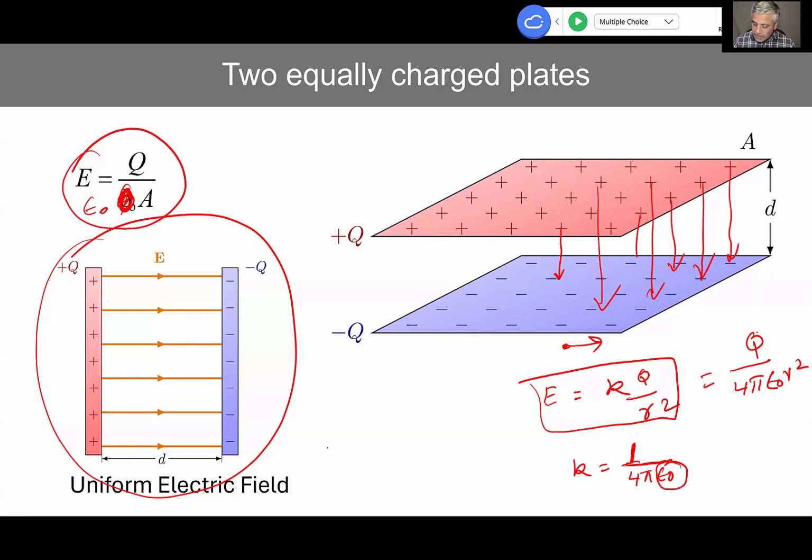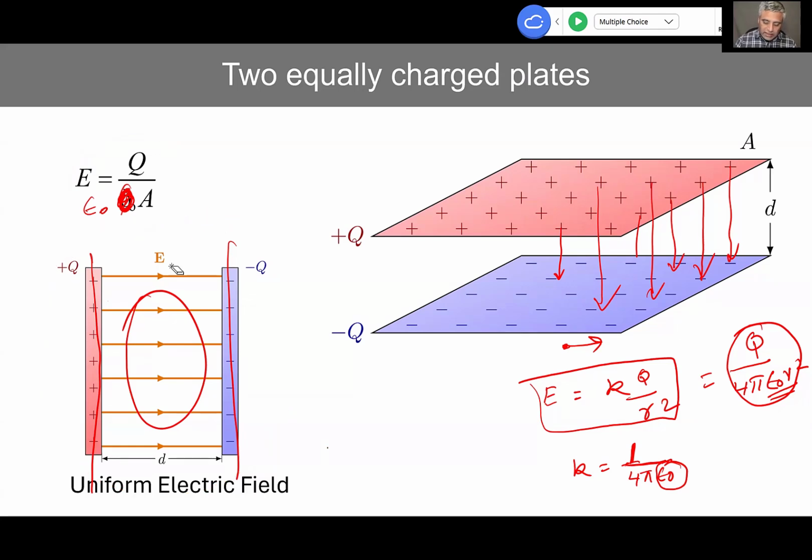So this being the field of a point charge, it is distance dependent. But in this special kind of setup, it turns out the field in the middle does not depend on the distance from the charge. That's what it is saying.